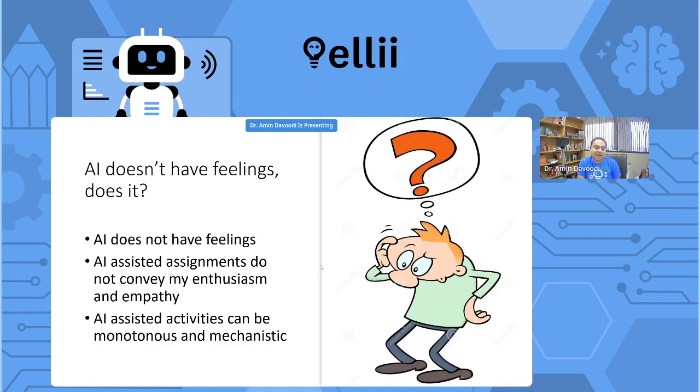So if it doesn't have any feelings, and if AI-assisted assignments do not convey any enthusiasm and empathy, in that case, all the activities that they create are not as good as the ones that are created by human beings. And they can be very monotonous, mechanistic, boring, all these negative things that we can say about ChatGPT or artificial intelligence. Well, I don't know if I agree with all these.